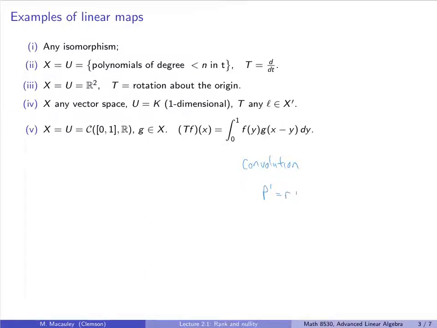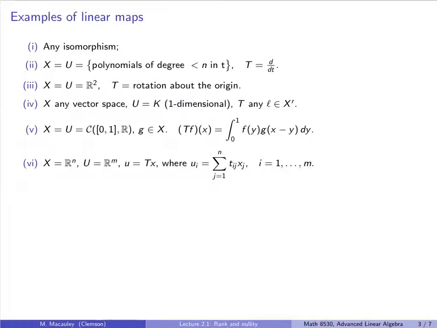P prime equals r times P, so r might be like 0.05. But if you want to model the situation where you are continually adding or removing funds, then it's no longer going to be just an exponential function. It's going to end up involving the convolution. So I don't need to say too much more about that, but the convolution is, we say, a linear operator.